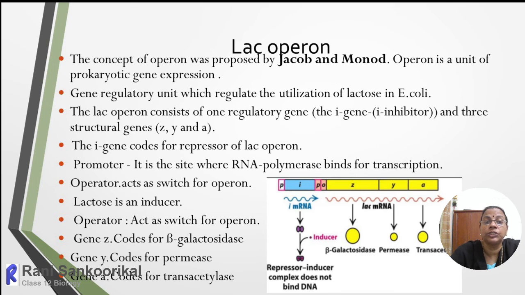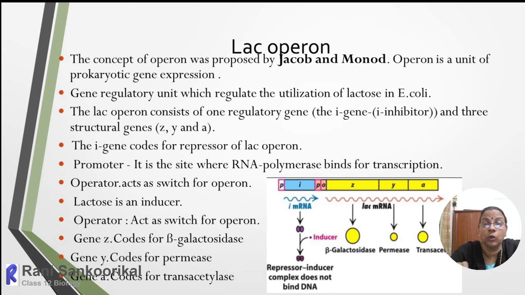The gene regulatory unit which regulates the utilization of lactose in E. coli is called the lac operon. The lac operon consists of one regulatory gene that is called the I gene. I stands for inhibitor, and three structural genes Z, Y, and A. The I gene codes for a repressor protein which can bind with the operator and make the switch off.